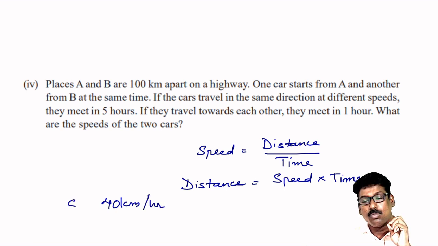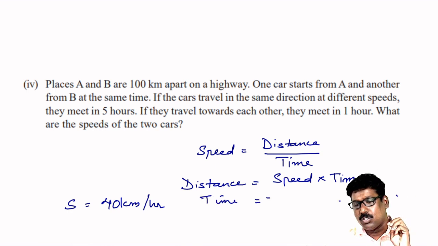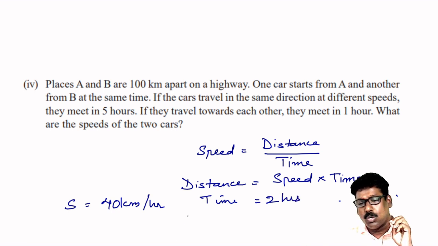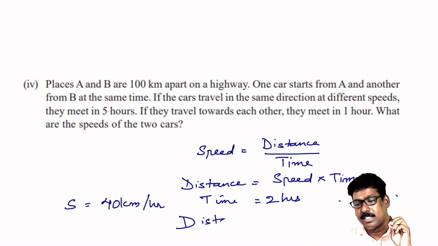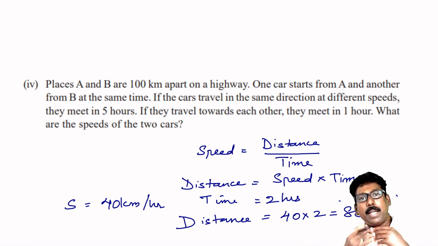That means speed is 40 kilometer per hour. After 2 hours, how many kilometers will it travel? How will you find it? Here time you can take as 2 hours. So distance covered by that car in 2 hours you can write as 40 into 2, that is 80 kilometers. That means to find out the distance, you simply multiply the speed by time.